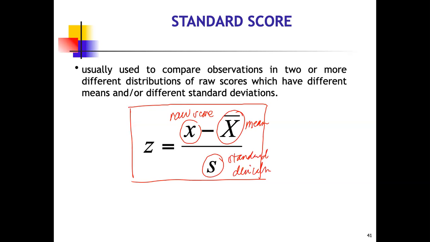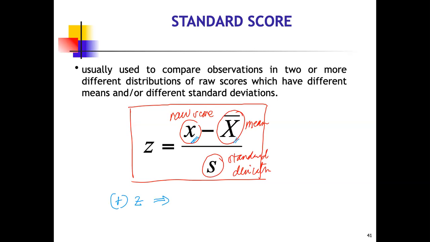As indicated, there are two scenarios for the value of Z. If the Z score is positive, looking at our formula, that means our X value should be greater than our mean. So take note of that.